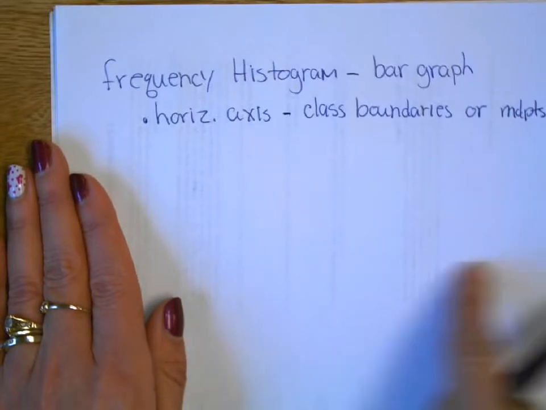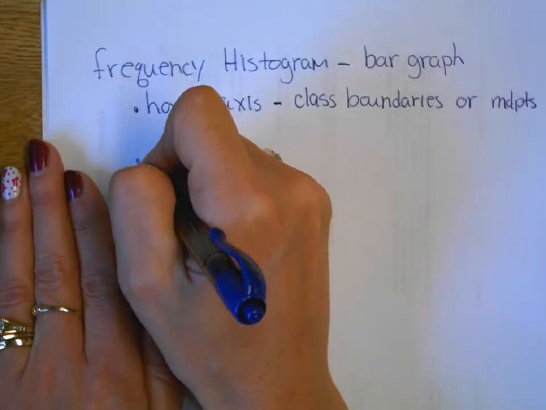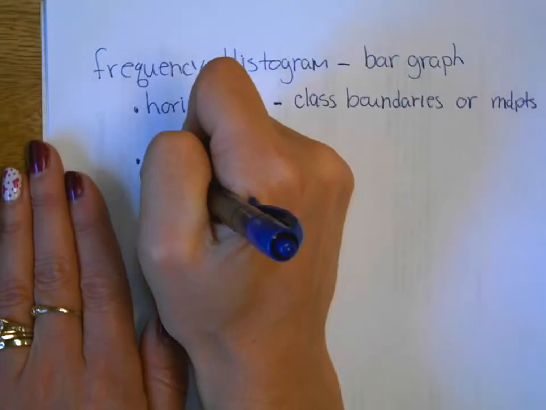Either one can be on the horizontal axis. On the vertical axis, the name of the graph kind of tells you what's going to be there. Frequency.